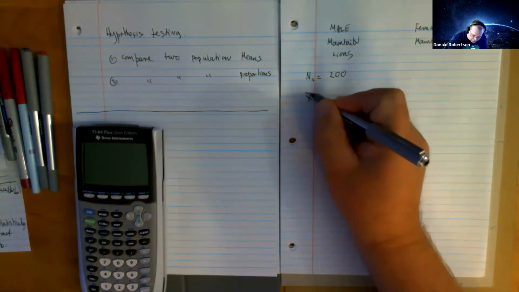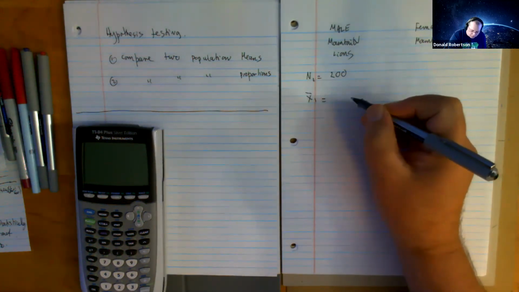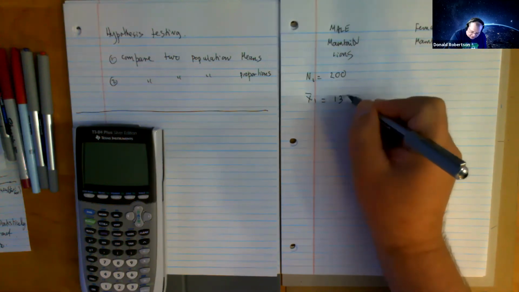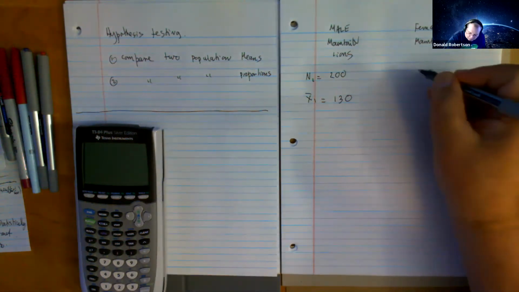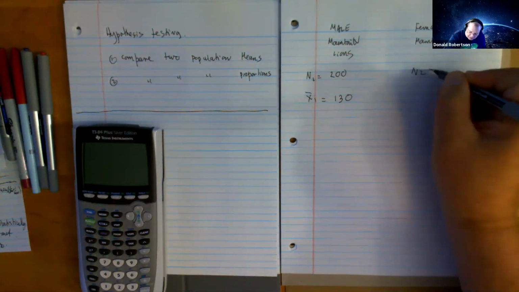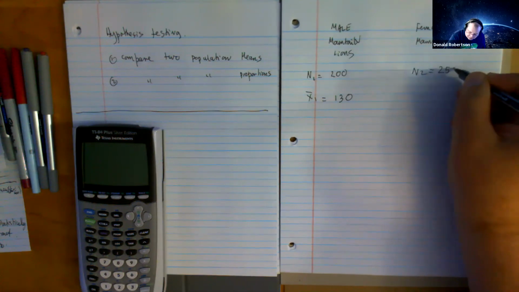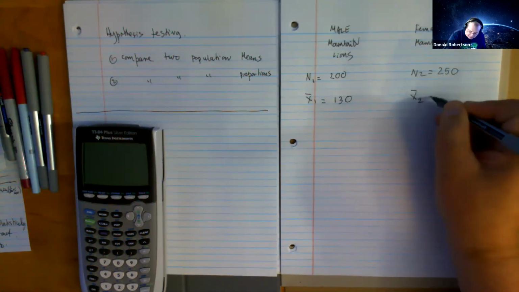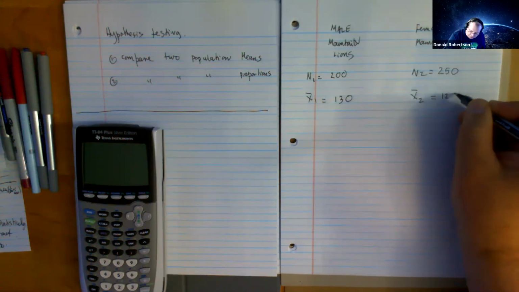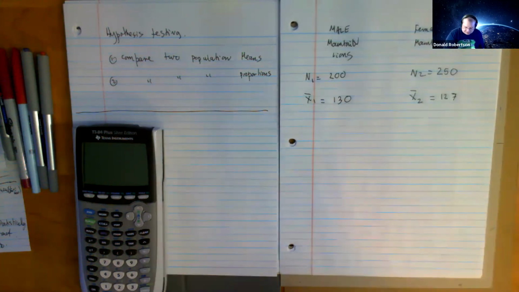And the average weight, because I have no idea what a mountain lion weighs, is 130 pounds, just for argument's sake, right? And over here, he collected data on 250 female mountain lions, and the weight of those was 127.